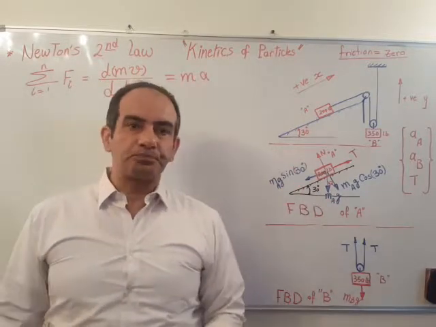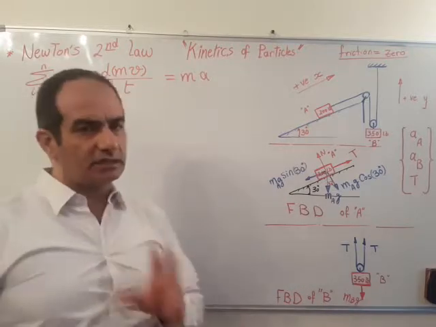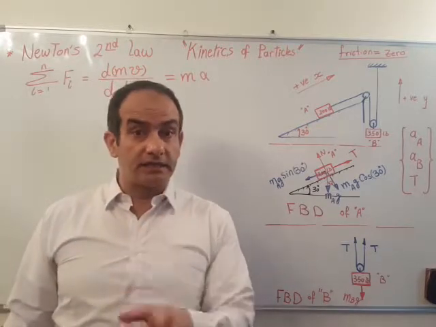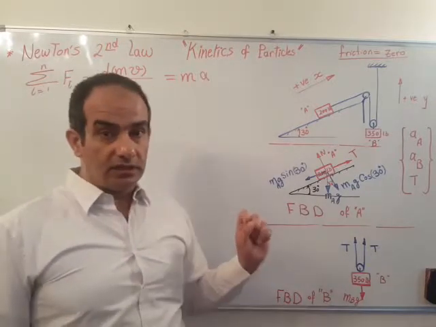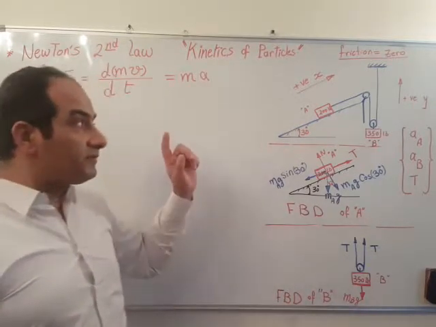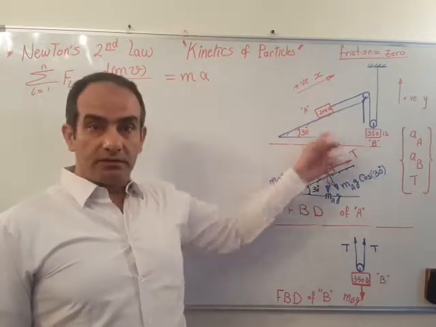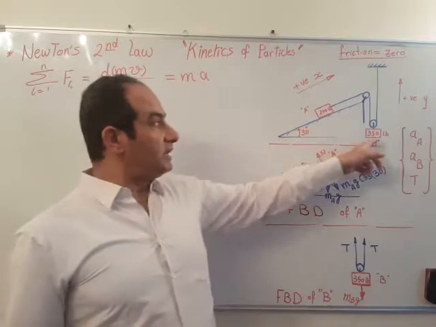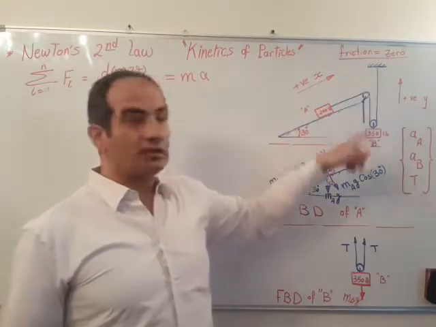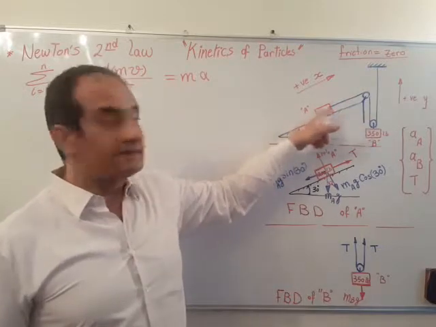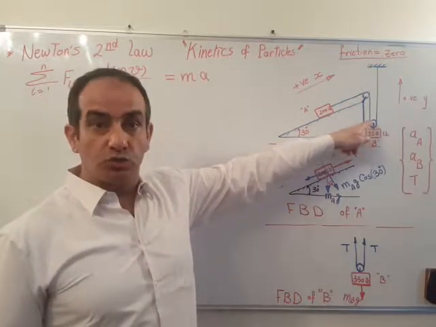Today, we have an interesting problem that contains kinematics and kinetics in one problem. As you can recognize on the board, we have two masses connected with a string over two pulleys.